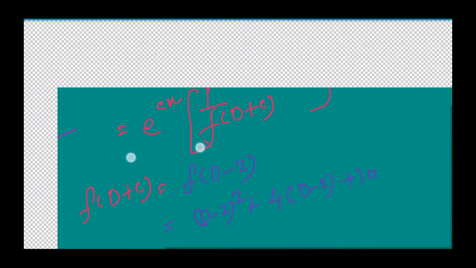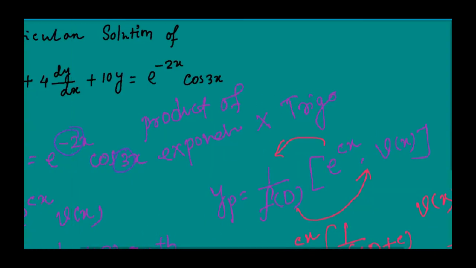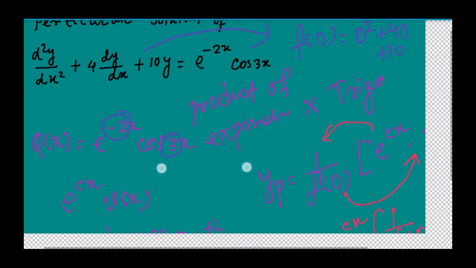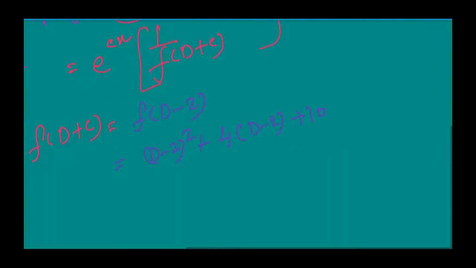What is the f(D) value? Here I have not written f(D). f(D) is equal to D square plus 4D plus 10. Here this one is f(D), function of the differential operator, and this is coming to be D square plus 6.